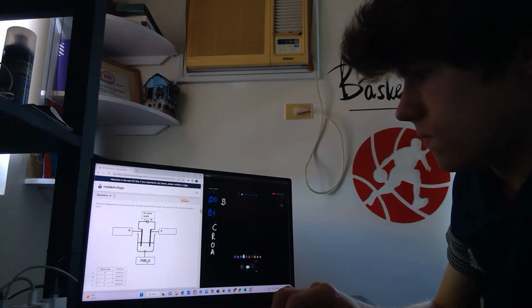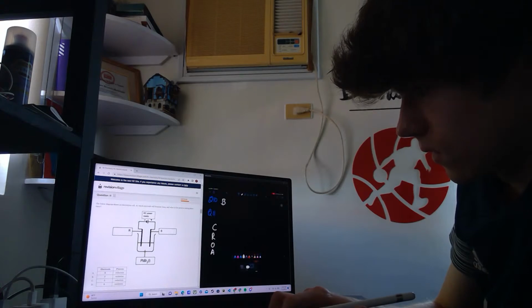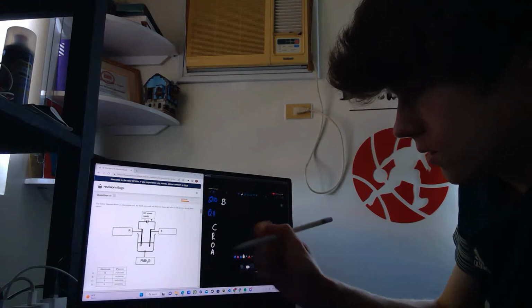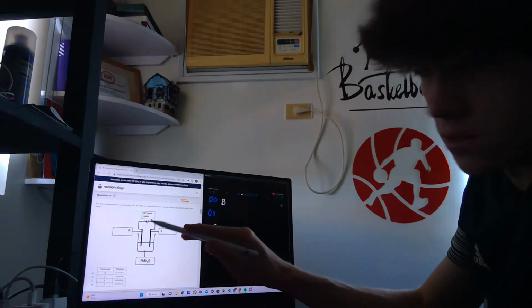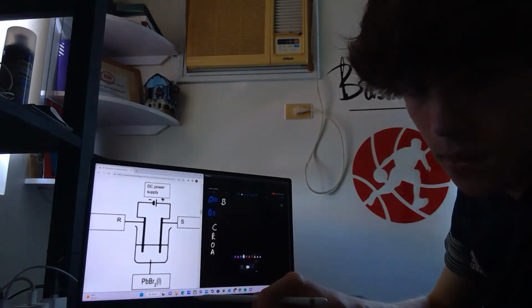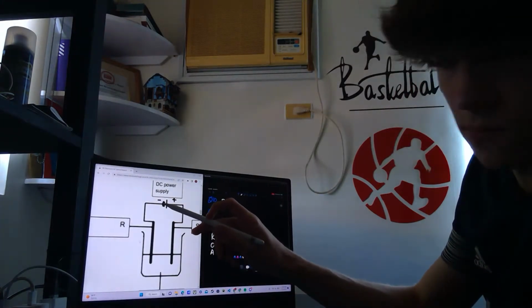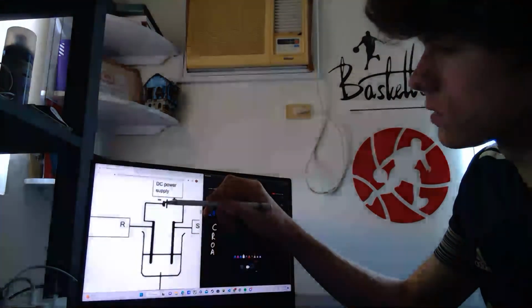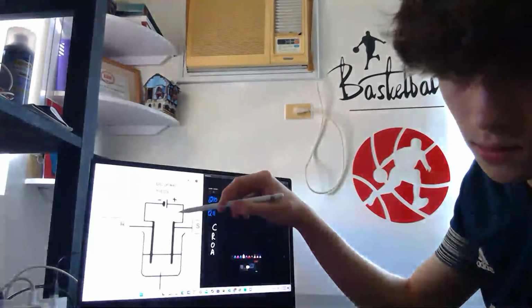So it's looking like the flow of electrons is actually going to go this way towards R because they flipped around the battery. You see how it's the positive terminal over here and the negative terminal over here? Normally it's the positive terminal on the left side, negative terminal on the right side.